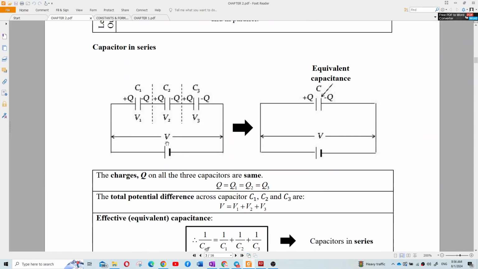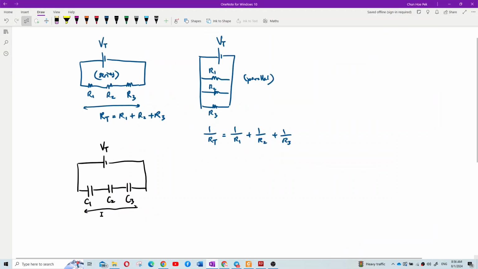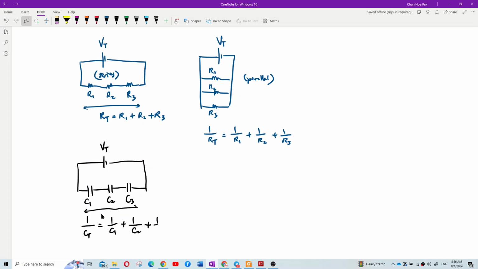If series, it is 1 over C. That one is capacitor in series, instead of adding. See that? It's 1 over C. Why like that? I don't think I want to explain today, this is quite a long explanation.